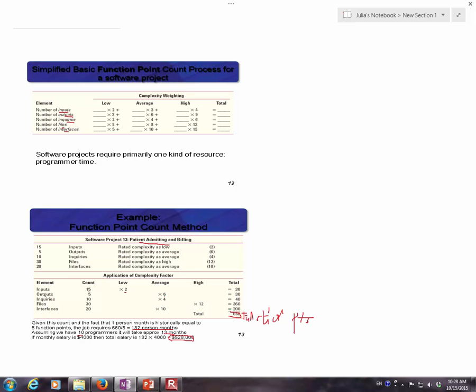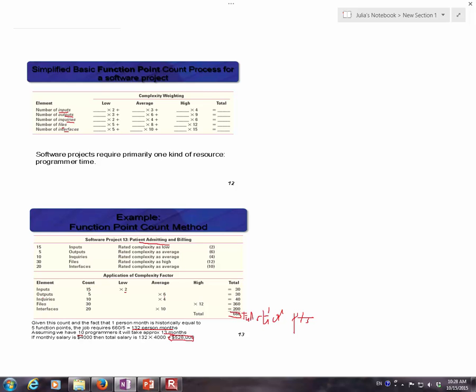For example, if you look at inputs, the number of inputs is 15, and the complexity is rated as low. Go back to our standard table, and you can find if it's low complexity, the weight will be 2. That's how we get 2 here, and we use 15 times 2, we get a total of 30 function points for inputs.